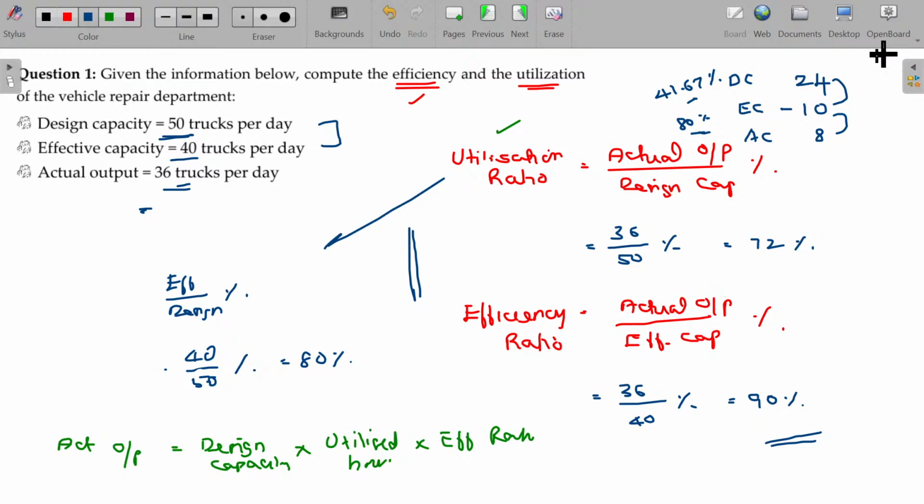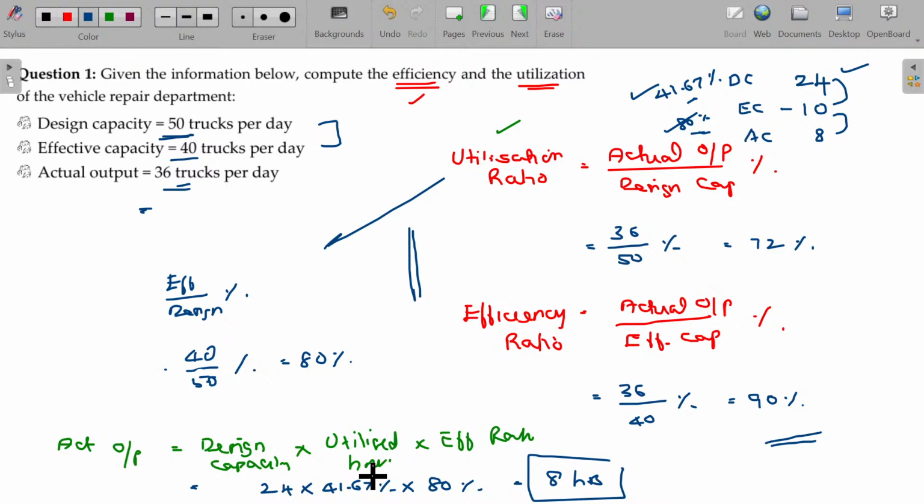Design capacity being 24, utilized hours being only 41.67 percentage, efficiency being only 80 percentage. Tell me what's the ultimate value. You'll get actual hours of 8 hours, am I right? Round off, and you'll get this value. Clear?